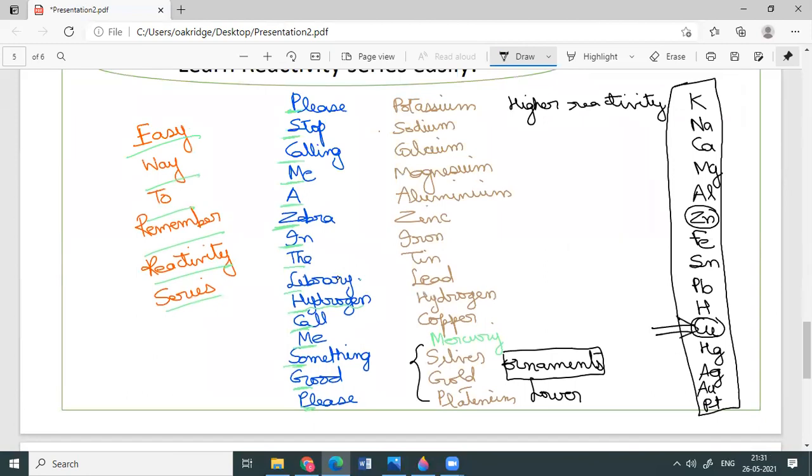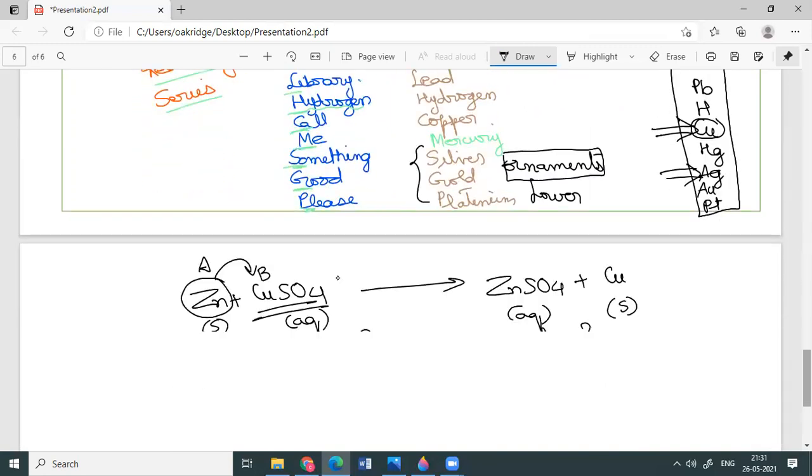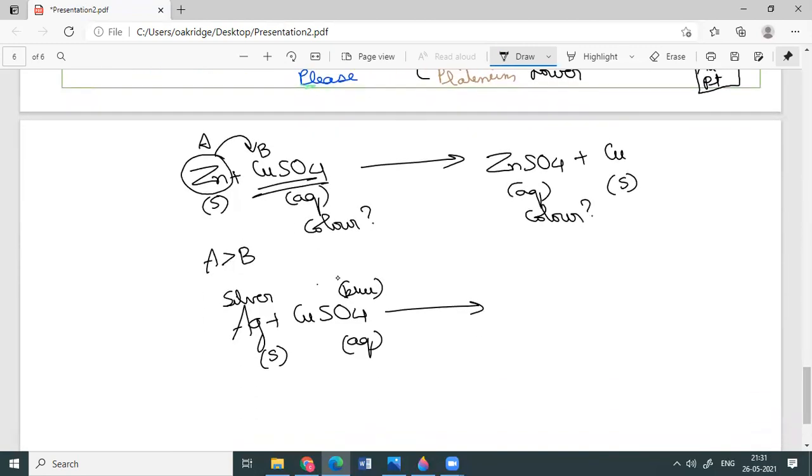Copper is here and Ag is here. So Ag is less reactive, children. It's not more reactive, it's less reactive. So simply we'll just write no reaction. No reaction means it will just remain as it is. There will be no change happening, no color change, no bubble formation, nothing. So this is how displacement reactions take place.